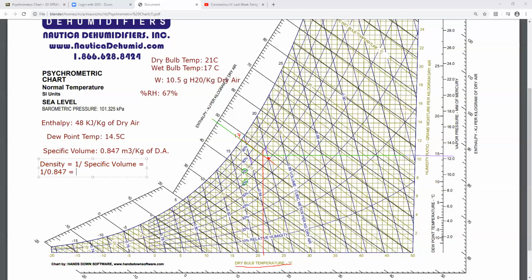Right. And that would be equal to 1.18. That would be the inverse of the specific volume, therefore the units are kilograms of dry air per cubic meter.